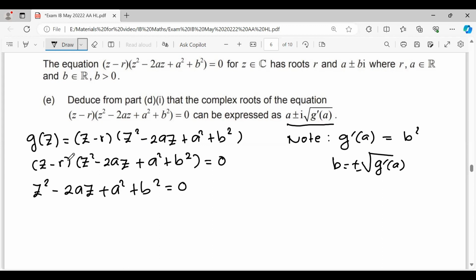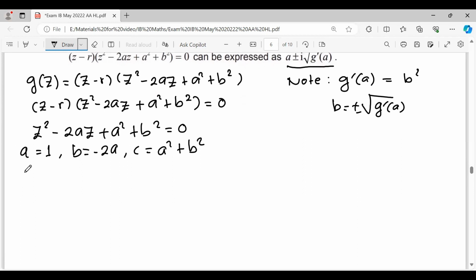And that's the second possibility. The first one is z minus r equals 0, or this expression equals 0, based on the quadratic equation where a equals 1, b equals minus 2a, and c equals a squared plus b squared.